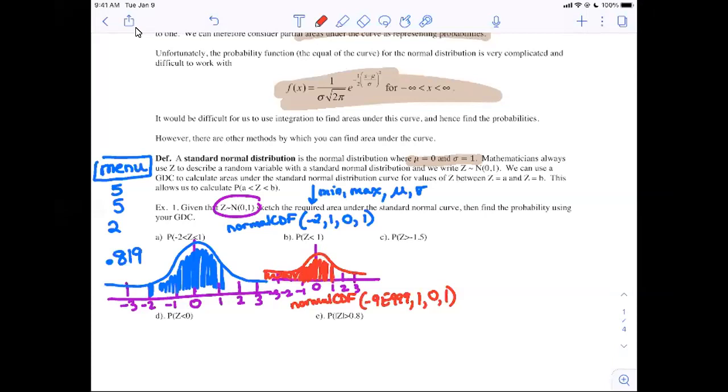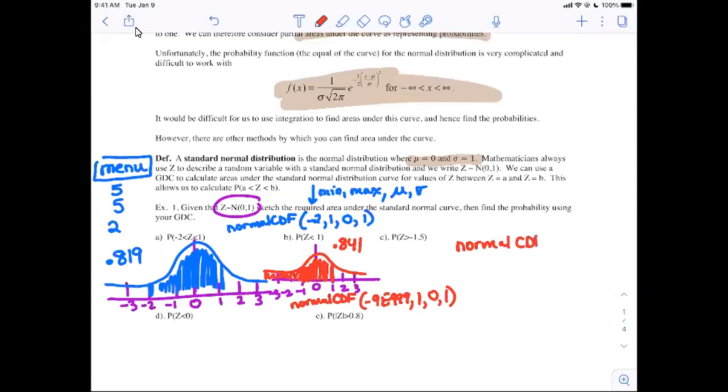Then that area under the curve represents the probability. So then I got 0.841.